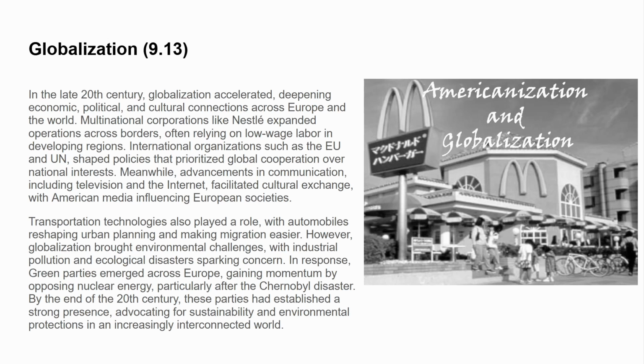faster than anyone else. So transportation technologies also played a role, with automobiles reshaping urban planning and making migration easier. This is very interesting to see in Europe, because many of these cities were built well before automobiles were ever taken into consideration.